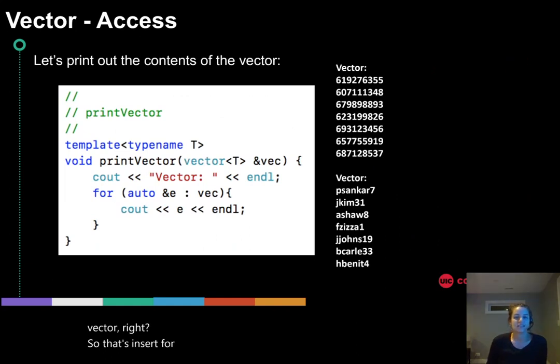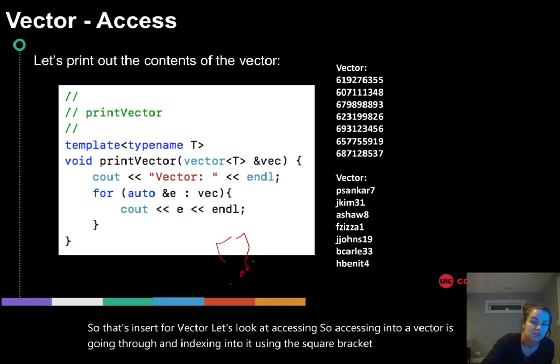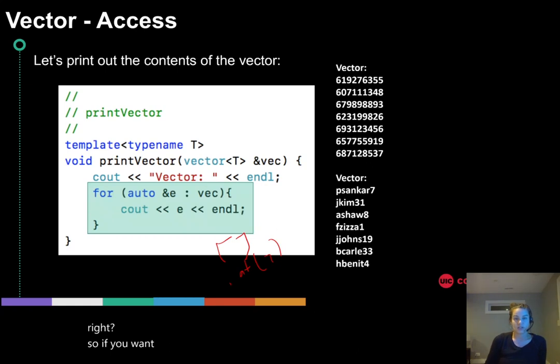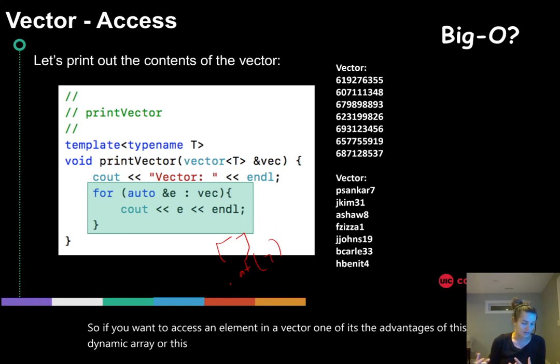Let's look at accessing. Accessing into a vector is going through and indexing into it using the square bracket operation or the at operation, which you've all done many times, or just doing a for each loop, right? If you want to access an element in a vector, one of the advantages of this dynamic array, this vector class, is that it has constant access.